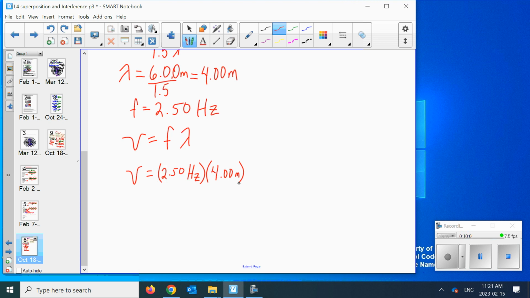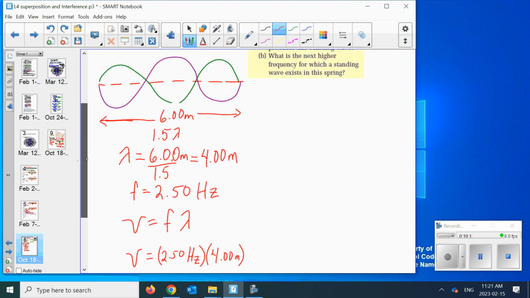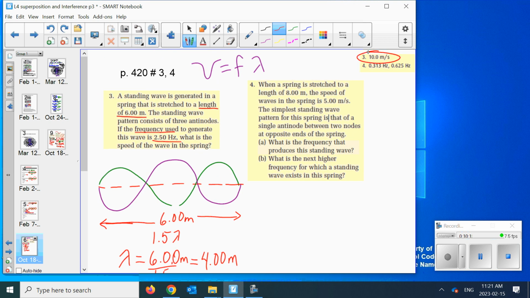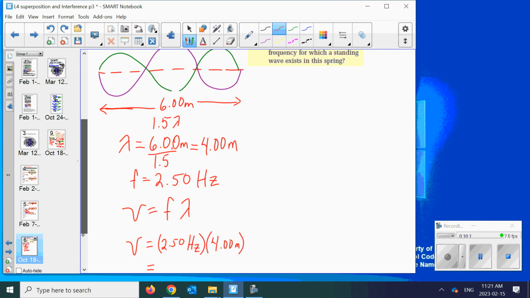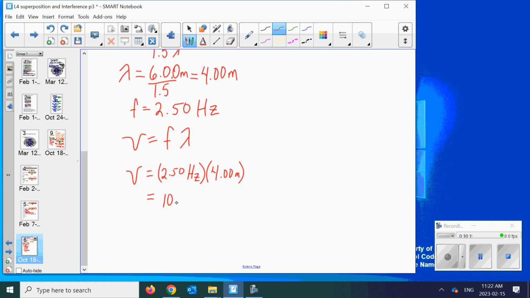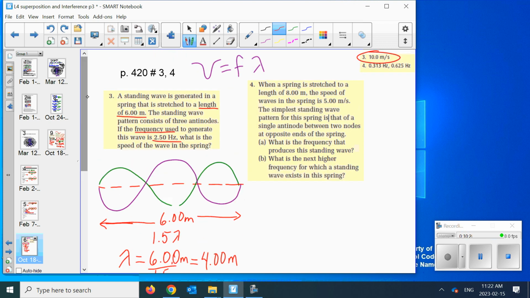Okay, 2.5 times 4. There you go. And guess what? No, 10.00, right? 10, or 10.0. Why 10.0? You're right. The 6.00 is 3 digits in, 3 digits.